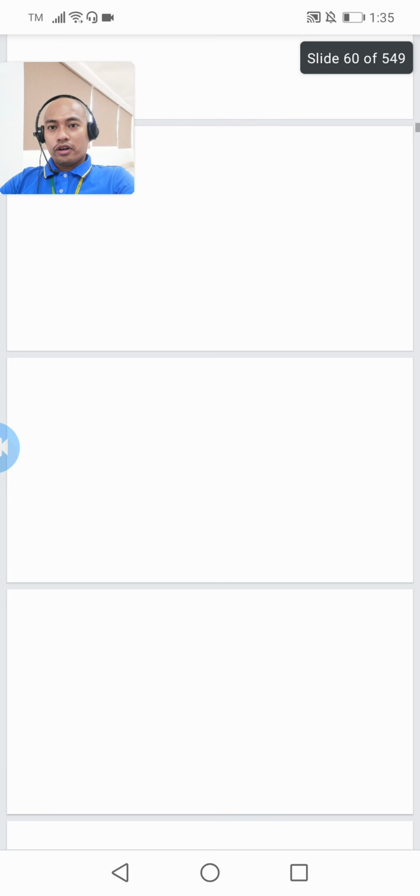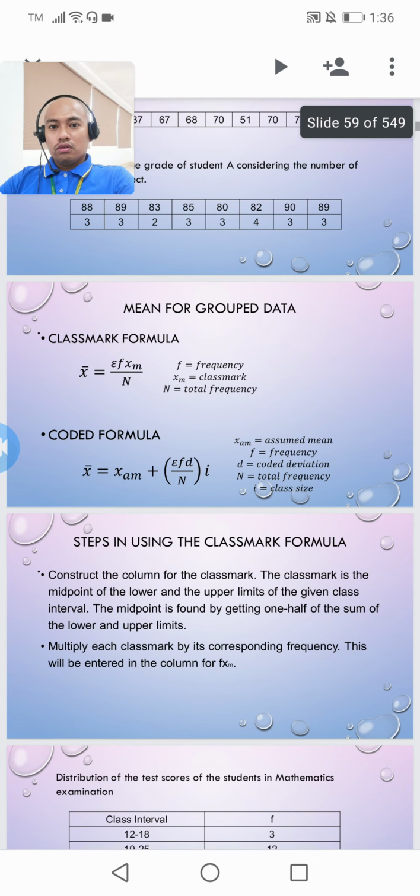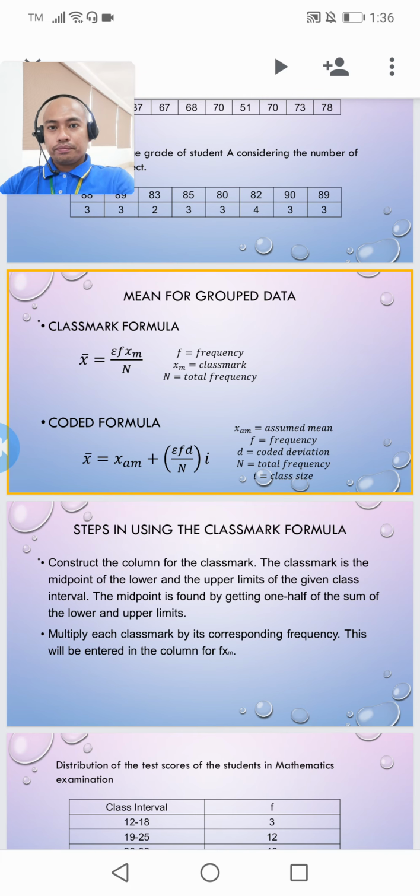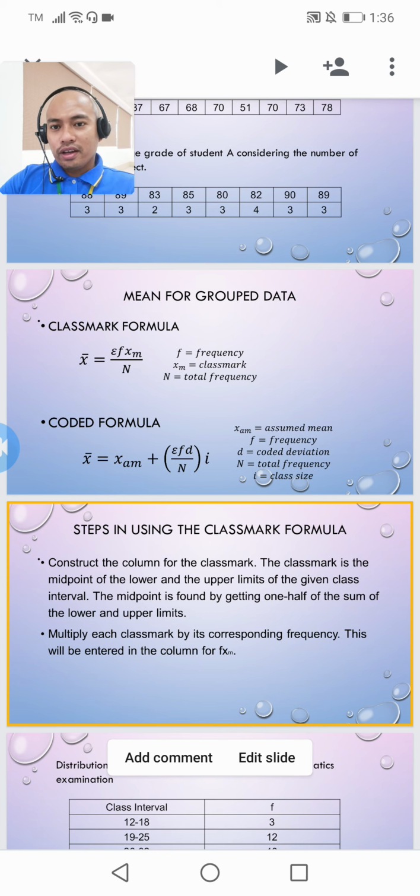The first formula that we can use is what we call the Classmark formula. The Classmark formula is defined as the summation of f x sub m, or the summation of the products of f and x sub m, where f is the frequency and x sub m is the Classmark, all over capital N, which is the total number of frequency.